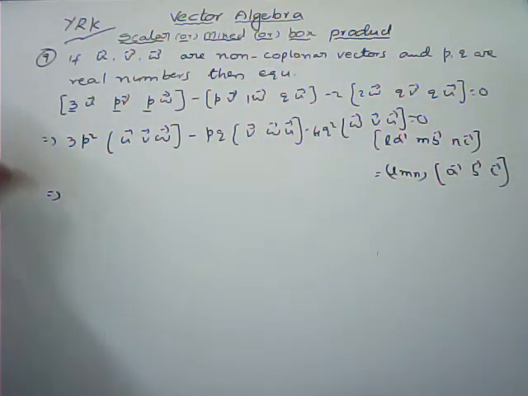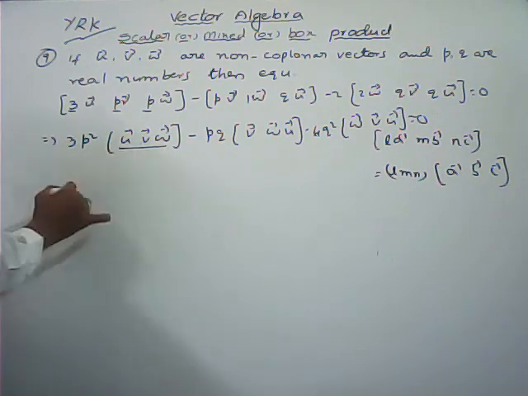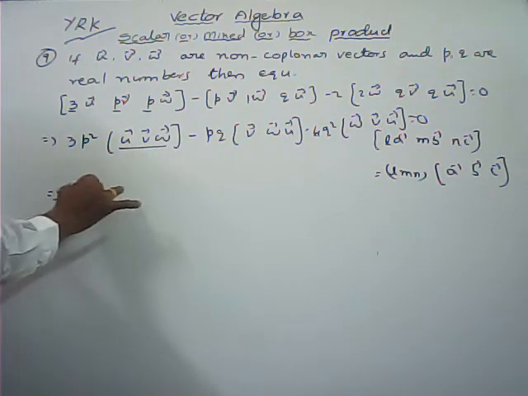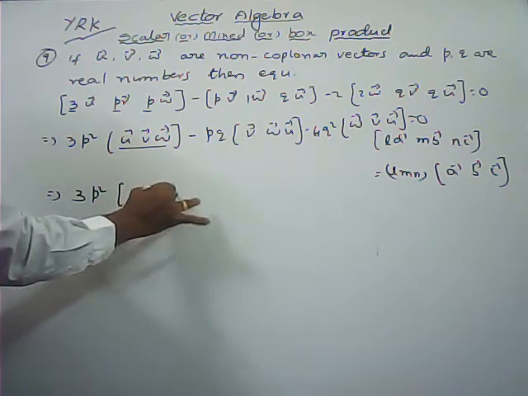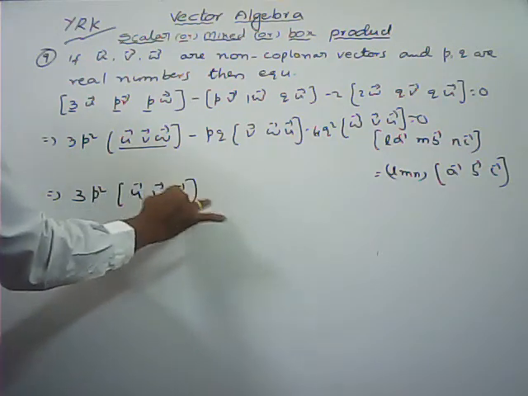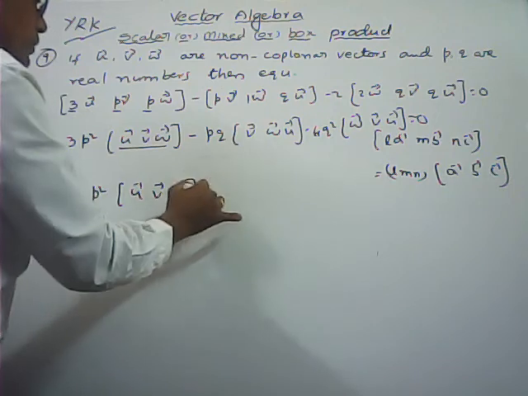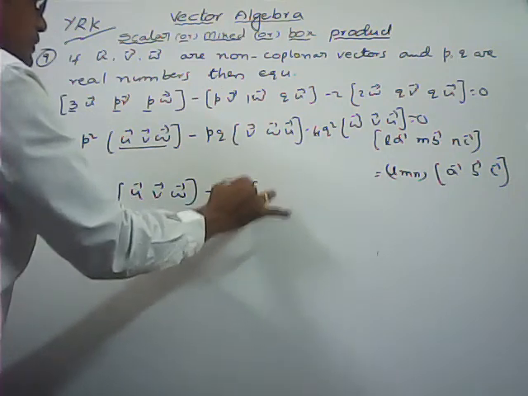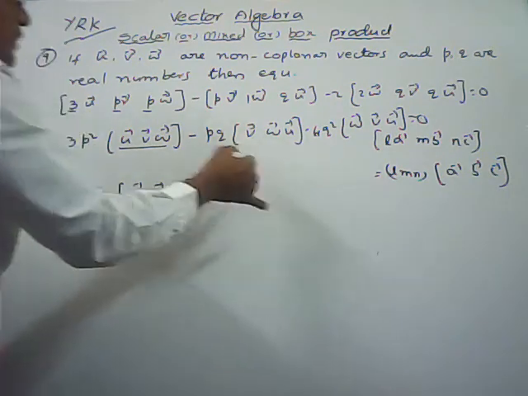That implies UVW here 3p square, this is UVW. UVW in the cyclic order, if you change that vectors, there is no change in the result also.